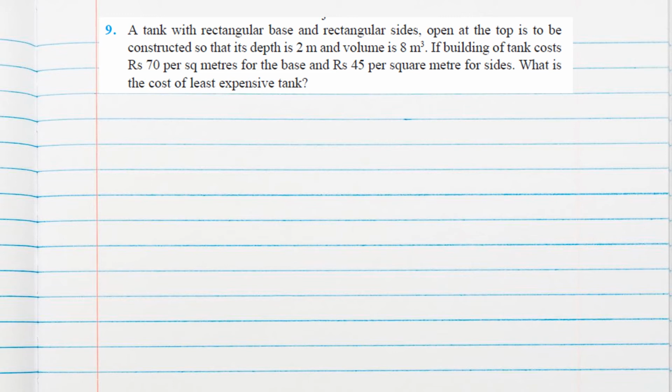A tank with rectangular base and rectangular sides open at the top is to be constructed so that its depth is 2 meter. Depth means height, we can say, right? So here suppose this box is made.